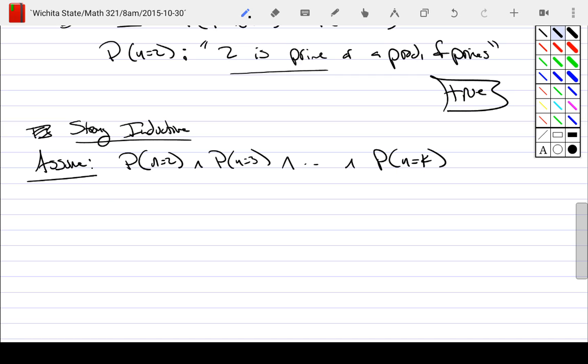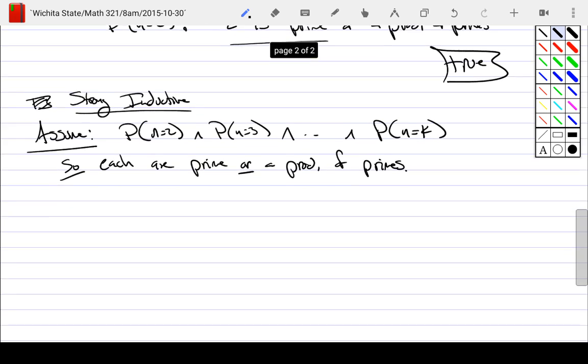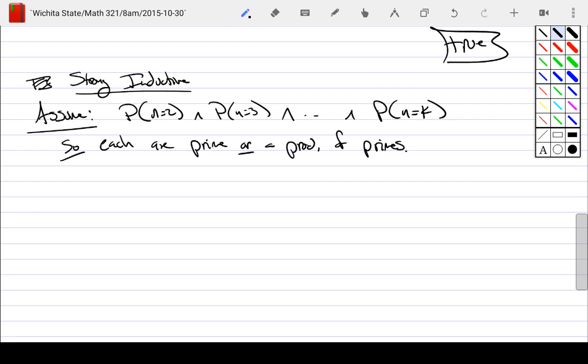So each are prime or a product of primes. What am I supposed to show? What's my goal? k plus 1 must either be a prime or a product.